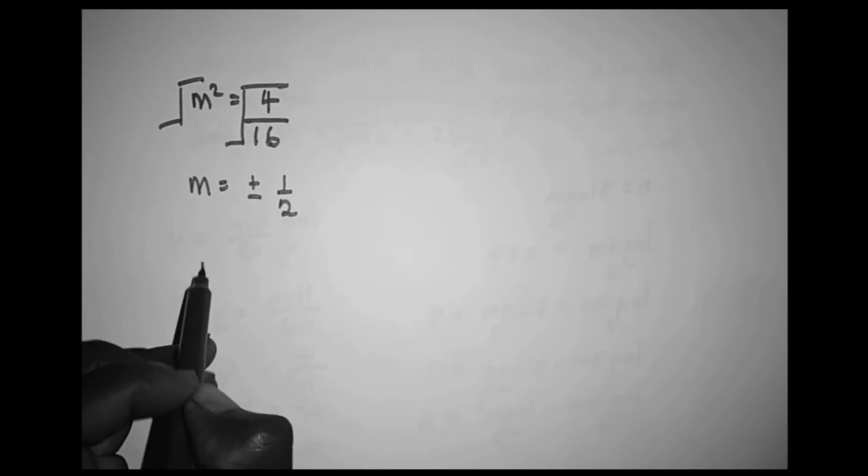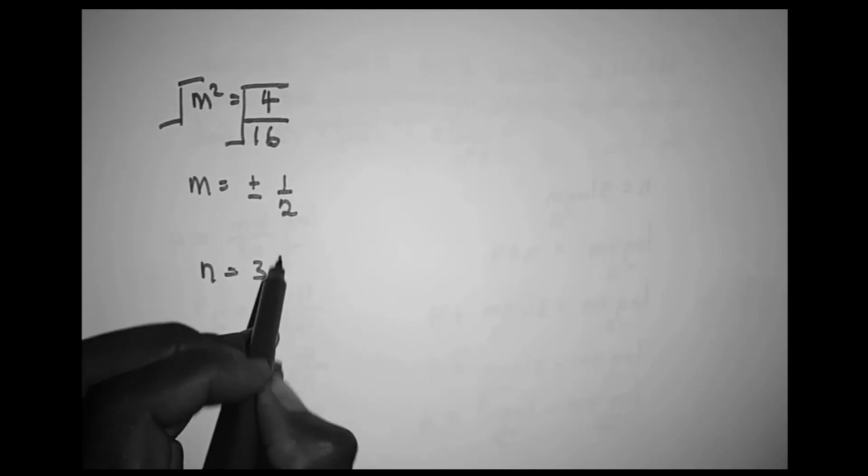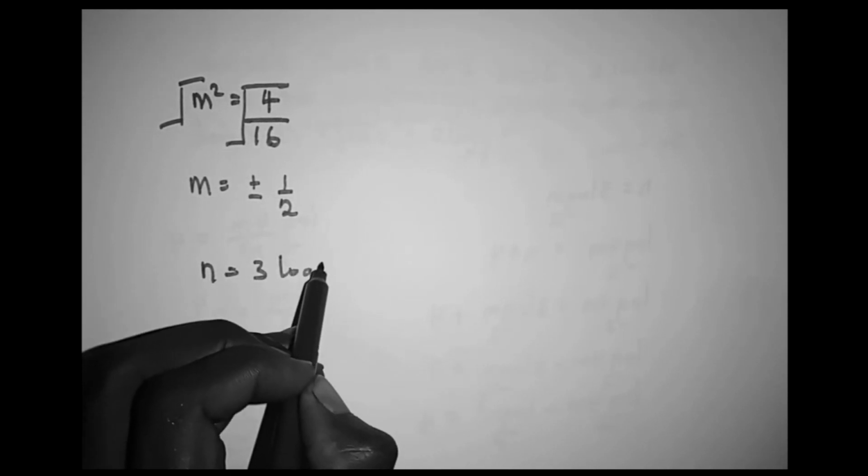So we have the values of m. All we need to do is to find the value of n. I remember that we're given n equals 3 log m base 2. So n is equal to 3 log, then m is 1 over 2, so this becomes 1 over 2 base 2.